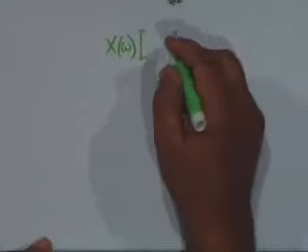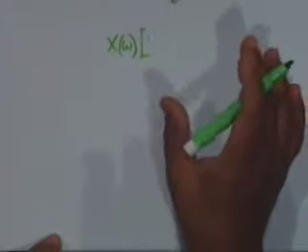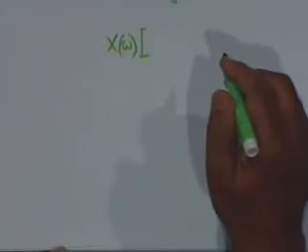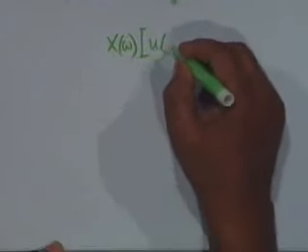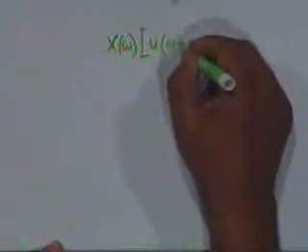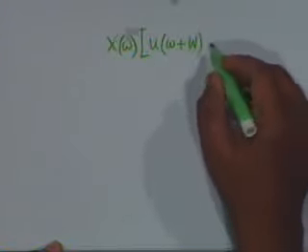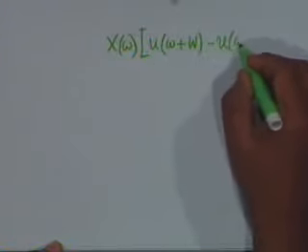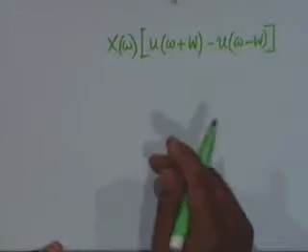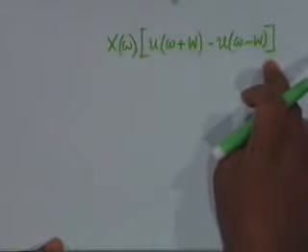What we are doing is we are multiplying this by a gate, and this gate is in the omega domain, the frequency domain. So it is of the form u of omega plus W minus u of omega minus W. Okay, this ensures that we are taking a chunk of X of omega between minus W and plus W.